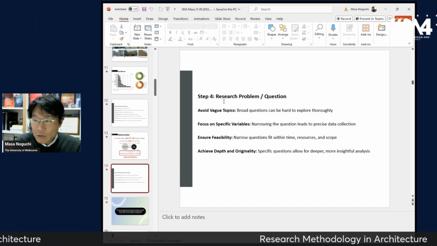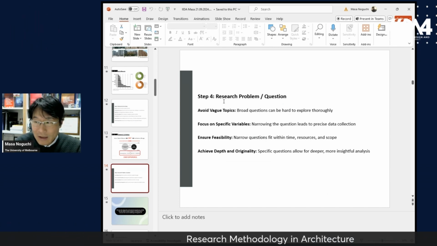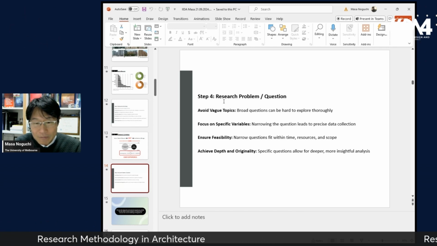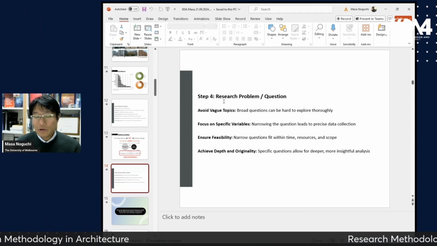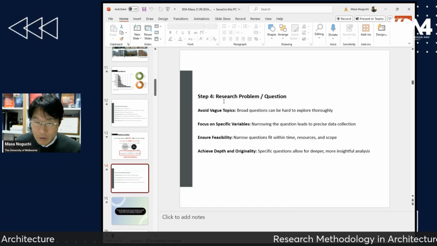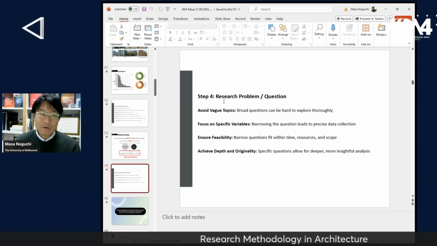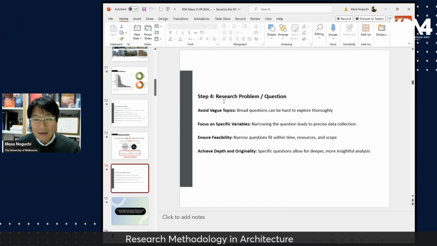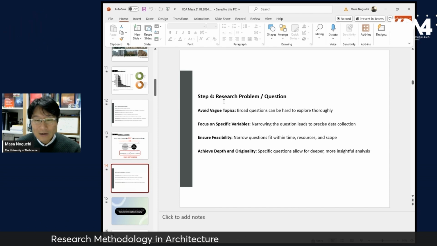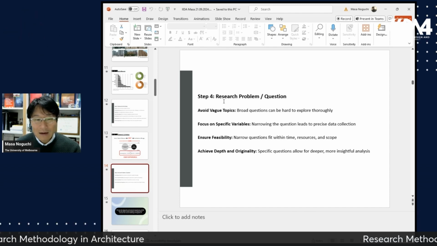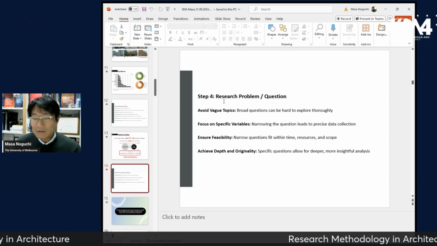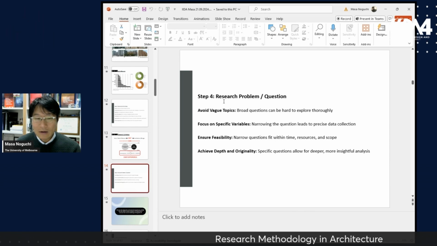Research questions could be several. But when you do a large level of research, for example a PhD thesis or a master's dissertation, there should be one main research question.